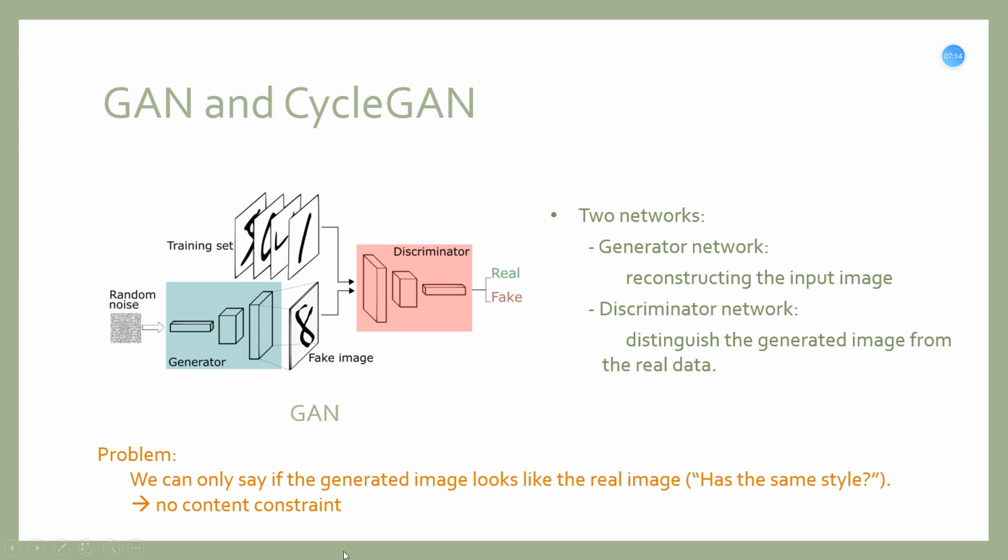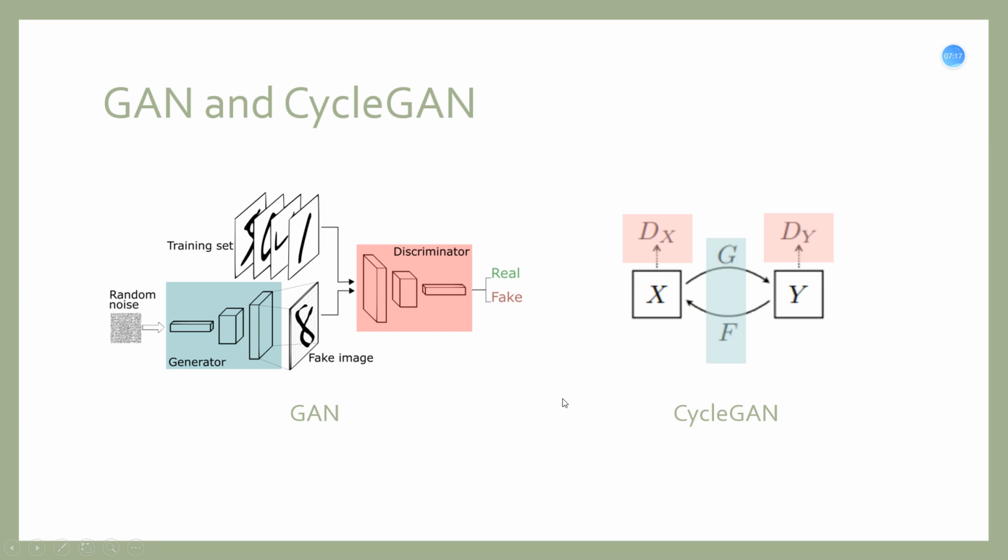In order to fix this problem, researchers proposed CycleGAN, which uses 2 generators and 2 discriminators. Based on the basic GAN structure, we add an inverse operation on the generated image in order to compare it with the content image. In this way, we can add a content constraint on the whole model.